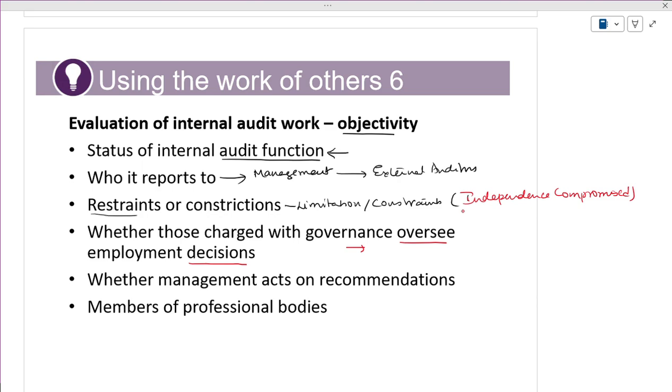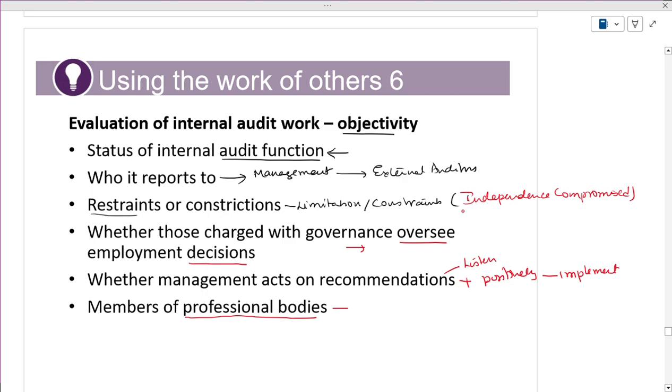Whether management acts on recommendations. Definitely they have to take them positively, implement them, and listen to the internal auditors. And most importantly, they should be members of professional bodies.